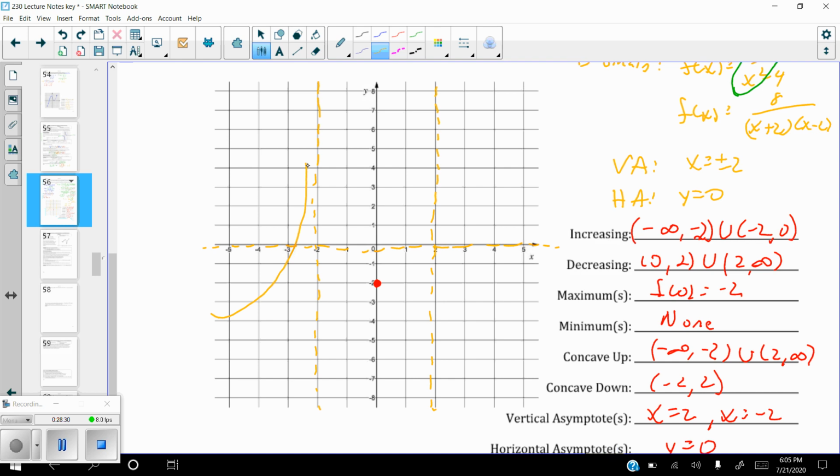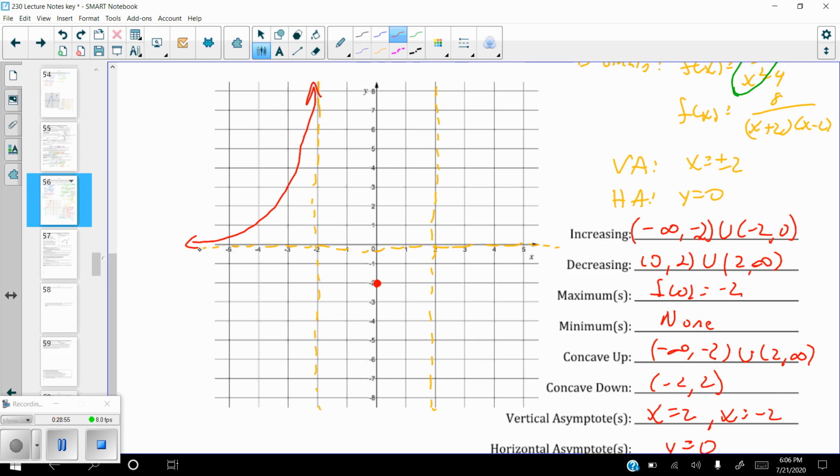There's no way for this to happen. So that means that the function itself must go like this. It's going to approach positive infinity, and it's going to approach 0 as you go out to the left. And is it concave up in the correct places? Yes, that is definitely concave up.